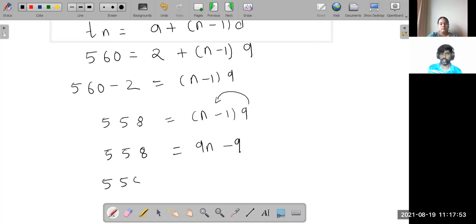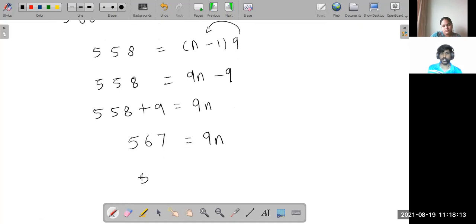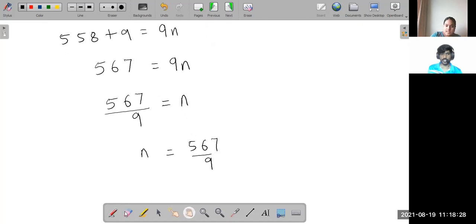So 558 plus 9 is equal to 9n. How much is 558 plus 9? 567. So 567 is equal to 9n. 9 is multiplying on this side, so when it comes to the other side, it will get divided. So 567 divided by 9 is equal to n, which gives 63.